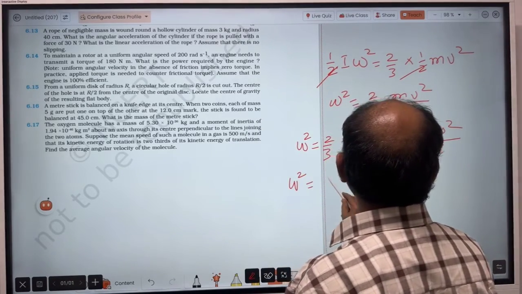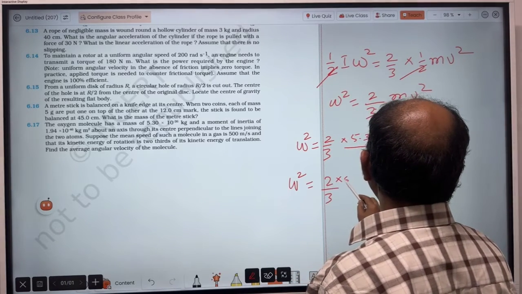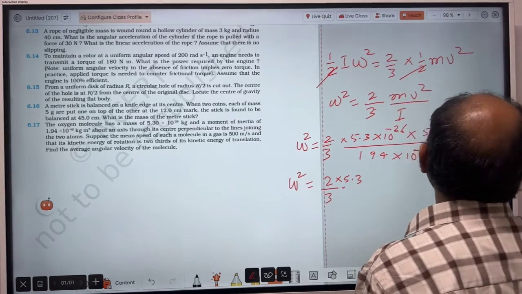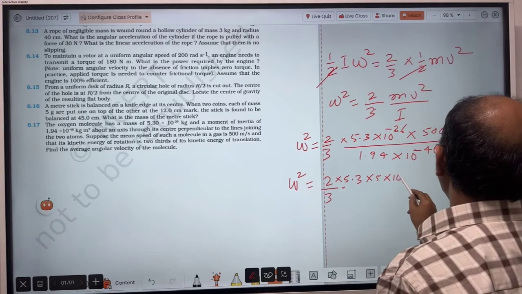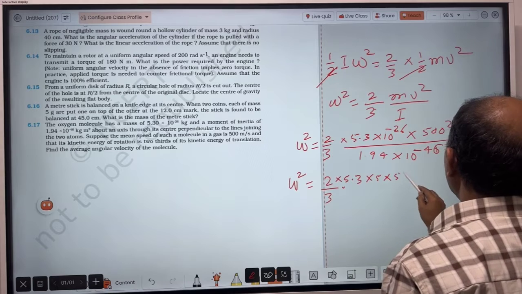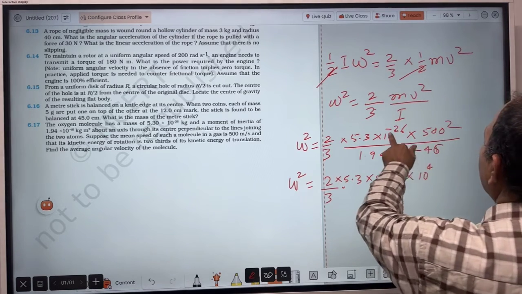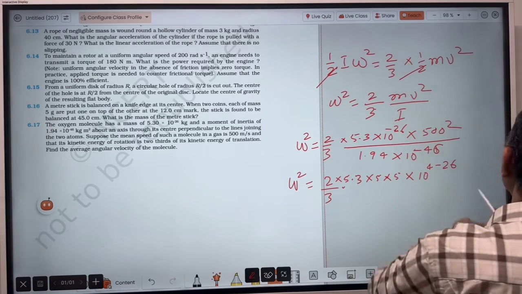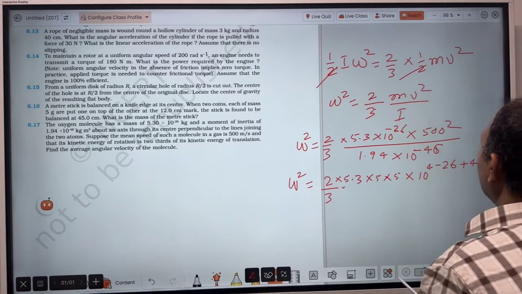Omega square equal to 2 by 3 into 5.3. From here 5 into 5 I will write, and 10 power 4. Here minus 26, and from here this will become plus 46. Is it okay?